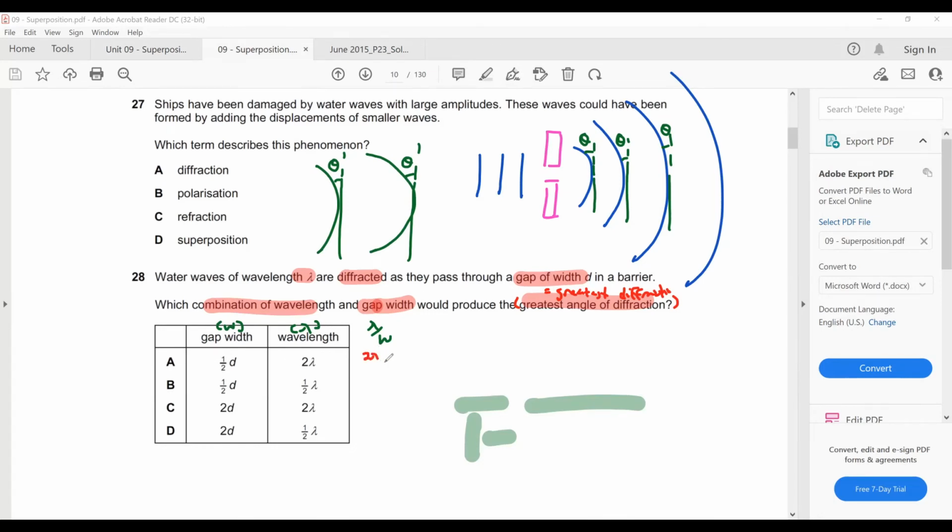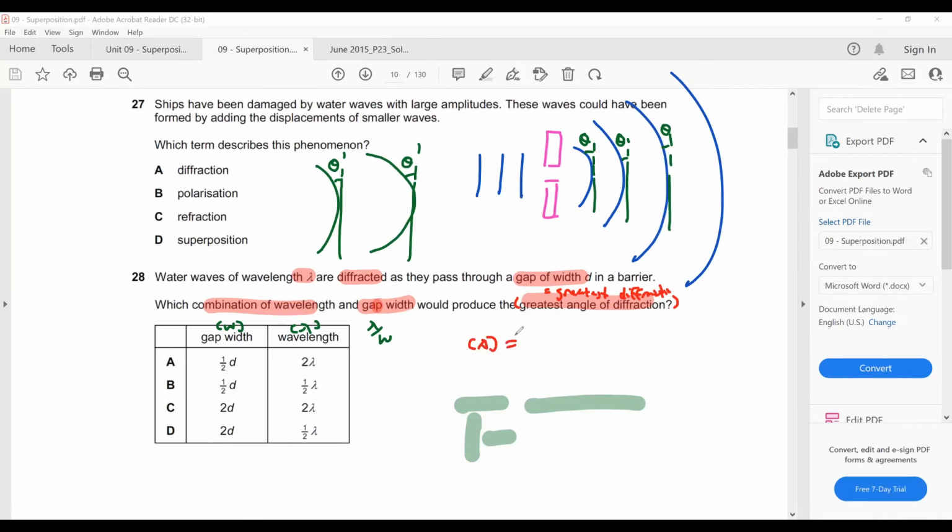This one is 2 lambda divided by half D, so you will get 4 lambda over D. I'll just write it separately.